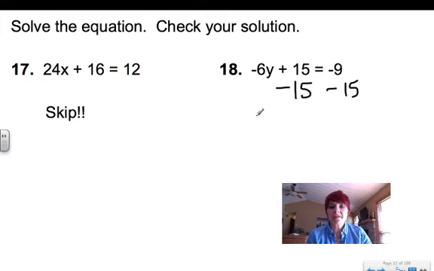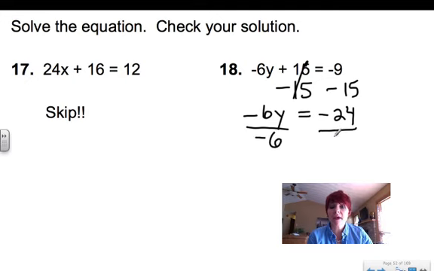That's going to then leave us with negative 6y. These guys cancel each other out. That's the point. You're trying to get rid of some things so that we can get the y by itself. And then negative 9 minus 15 is negative 24. Now we've got to get y by itself. They multiplied by negative 6, so we're going to divide by negative 6.